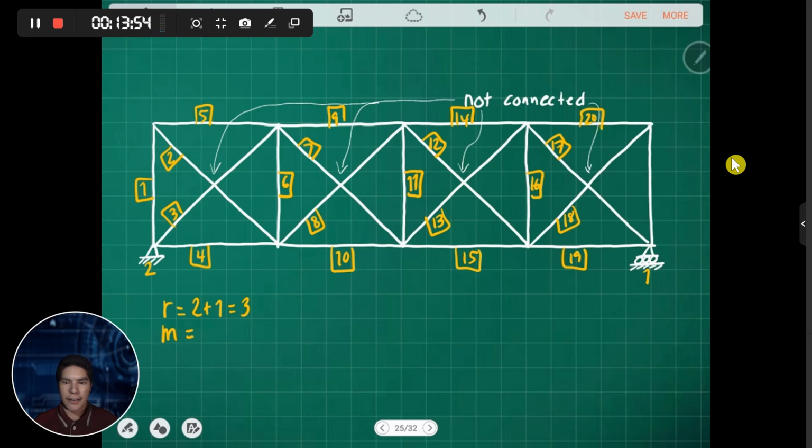Oh no, we missed one, 21. We have 21 members.